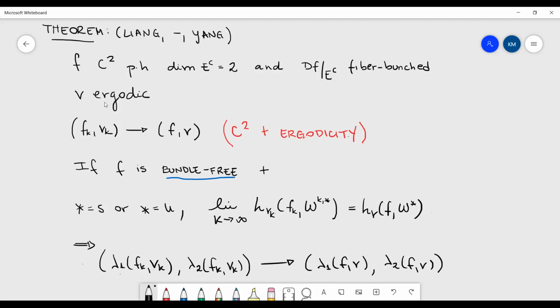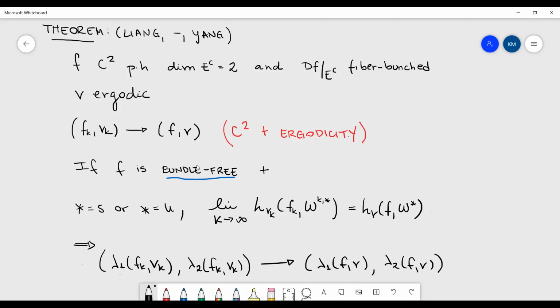This is for every ergodic measure. And what I'm taking is any sequence going to F in the C2 topology, and every sequence of measures going in the weak star topology to this original measure. I'm remarking here that I'm asking for this to be ergodic for the F_k map.